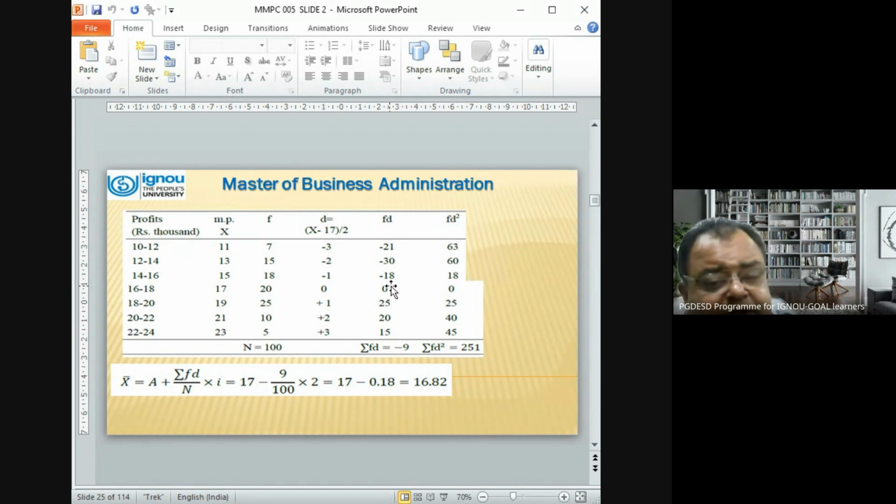Summation FD is -9, summation FD square is 251, and summation of frequency N is 100. Go back to the formula of mean. X bar is equal to A plus summation FD upon N into I. This is 17 minus 9 by 100 into 2, which is 16.82. This is the mean.